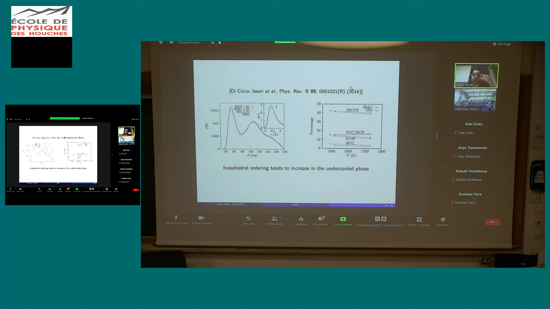If you remember the pair distribution function, we consider the first peak obtained by RMC, and we calculated the angle between the atoms within this distance. In this configuration we have two clear peaks, one around 60 and one around 110 degrees, and these are compatible with the icosahedral configuration.